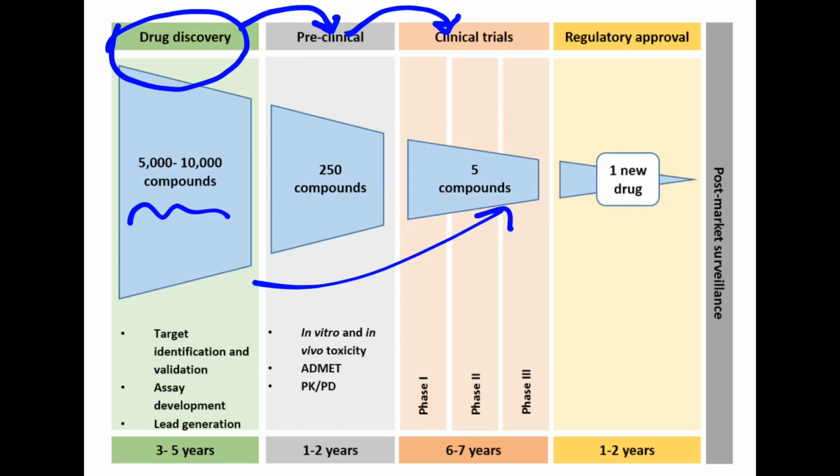Of those 5 compounds that you're going to spend an enormous amount of money on getting into people, testing whether it's toxic, whether they can tolerate it, or whether it actually works, only 1 new drug is going to result. So your odds of developing a compound that ends up in the pharmacy is 1 in about 10,000 compounds.